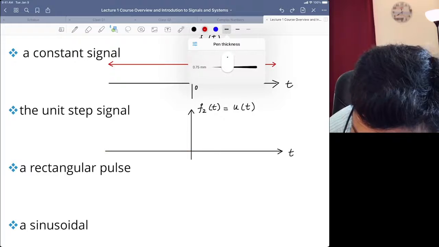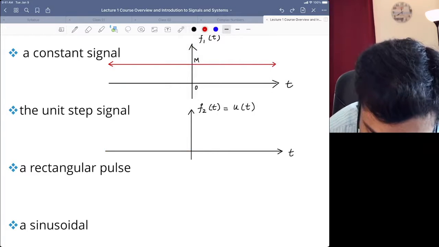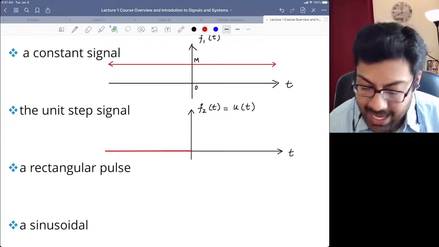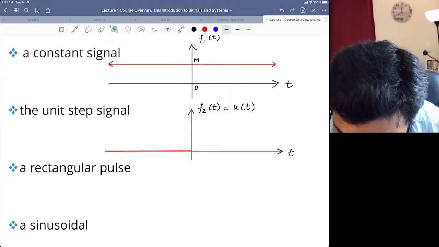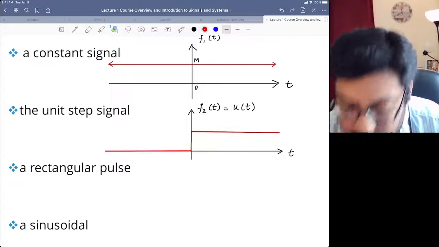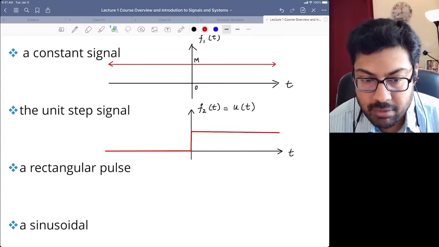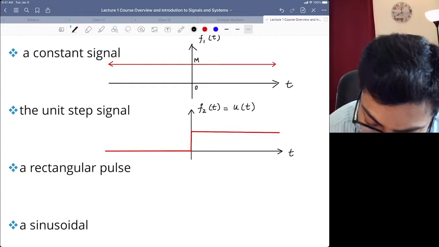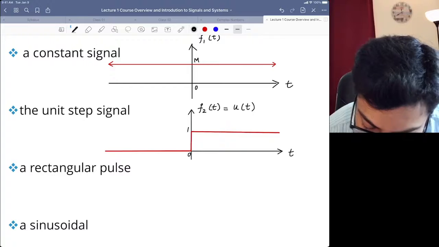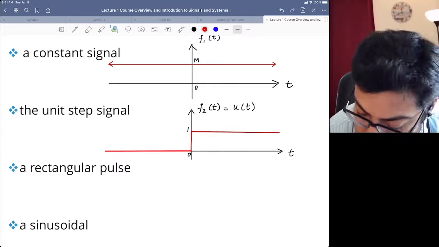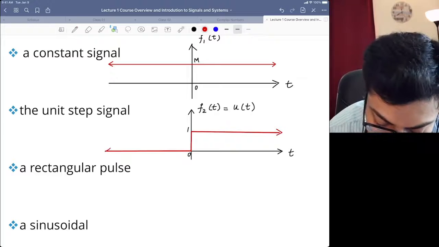And then at time 0, there is a jump or a step. And it is a unit step, so it is going to be from 0 to 1. And it is going to continue that same way, right? So this goes this way and this goes this way.